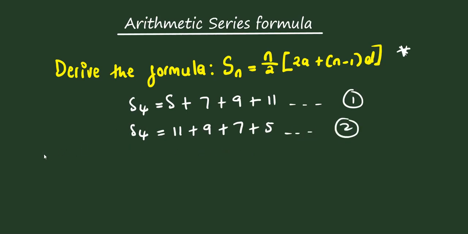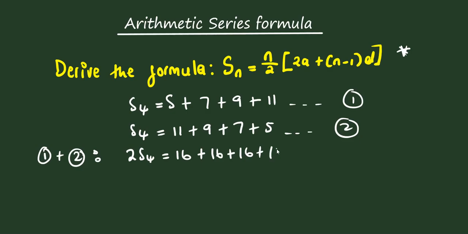Now if I were to add equation 1 plus equation 2, what would I get? S4 plus S4 is 2S4, and then 5 plus this is 16, 7 plus that is 16, 9 plus that is 16, 11 plus that is 16.